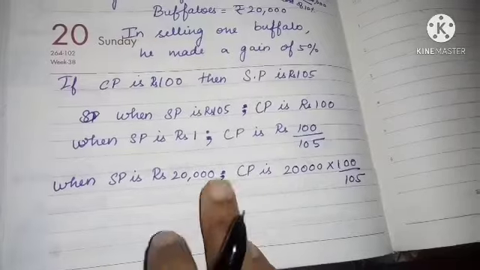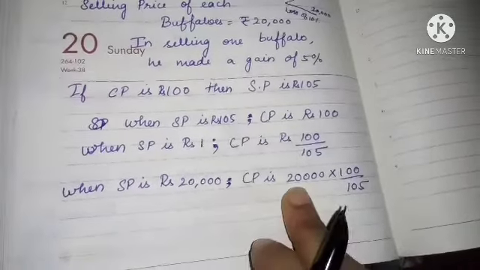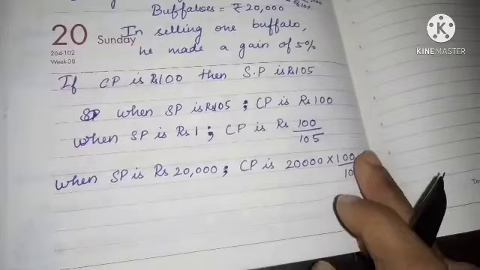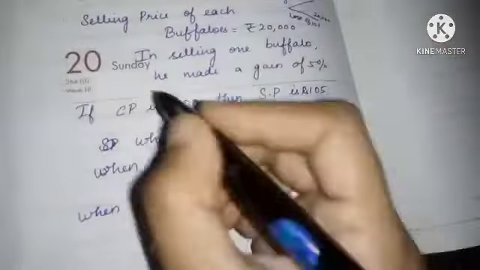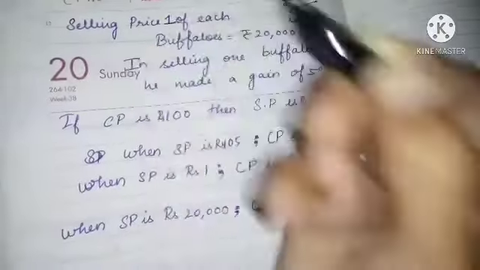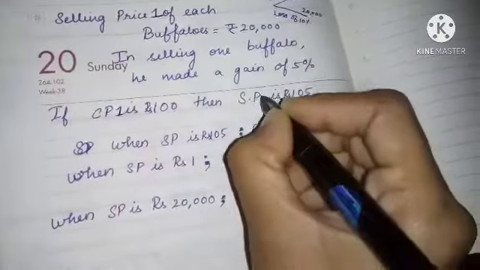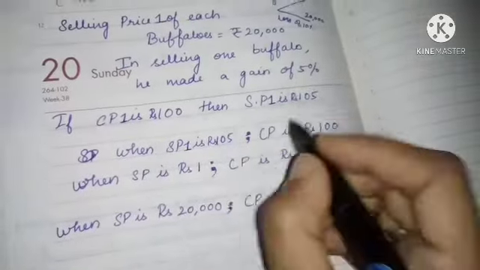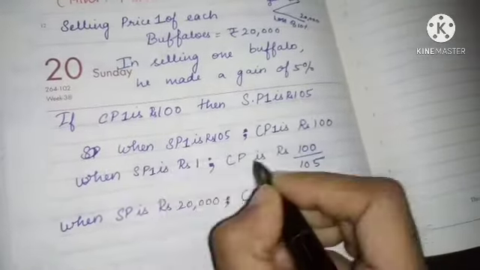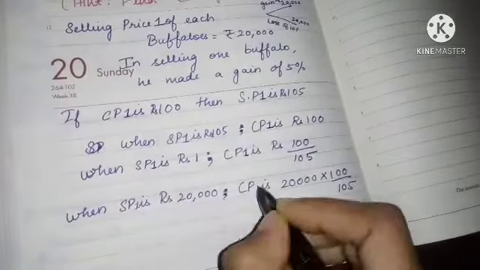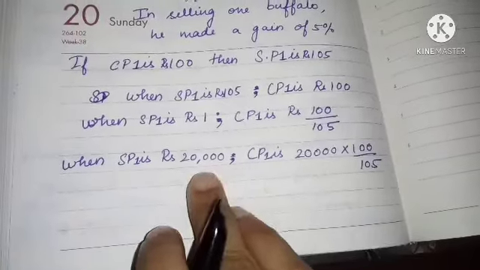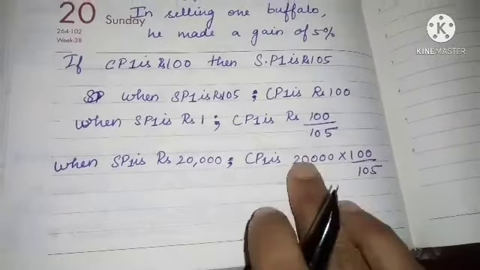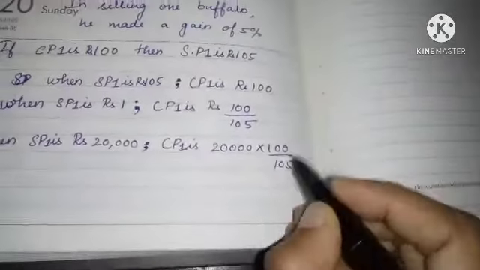I'll write cost price number 1 and selling price number 1, since there are 2 selling prices, so I don't get confused. So selling price number 1 is 20,000 rupees. Cost price number 1 will be 20,000 into 100 by 105. You can cancel this; in the fifth table itself it is enough.